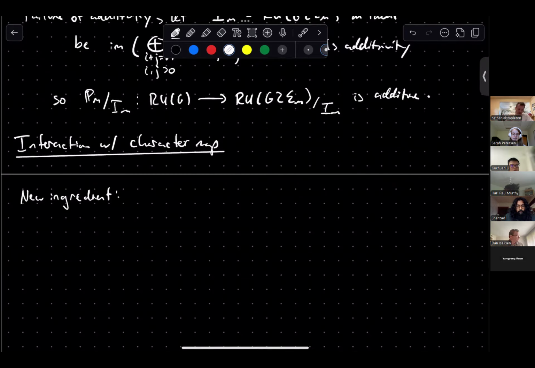And that's the notion of an integer partition, or really a decorated integer partition.